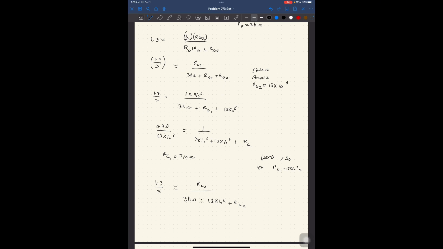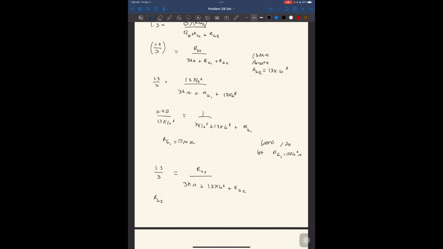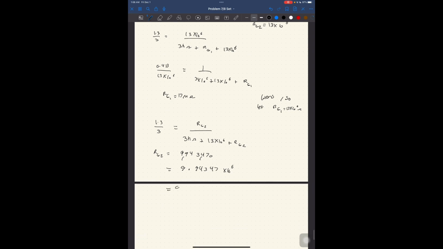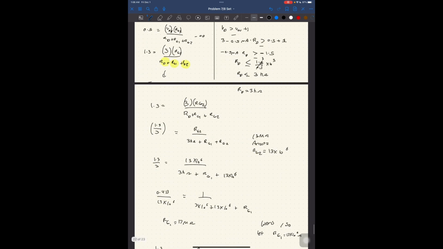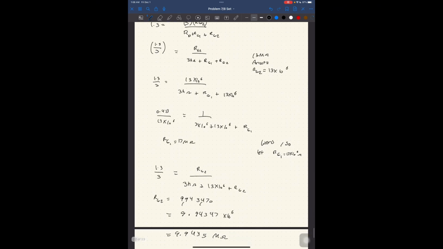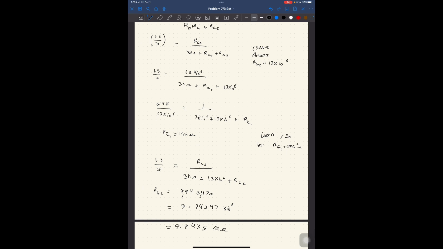And we get RG2 is equal to 9943470, which is equal to 9.94347 times 10 to the 6, which is equal to 9.9435 mega ohms, which is good because this is not the largest. So I ended up actually doing what I didn't want to do, but that's all good.